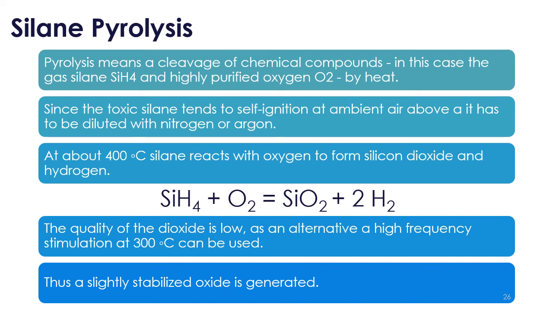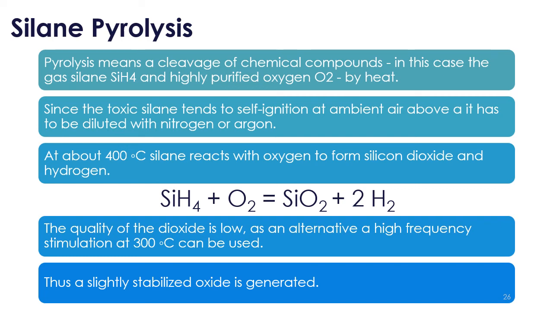In this case, the gas is silane, SiH4, and highly purified oxygen, O2. Since the toxic silane tends to self-ignite in ambient air when above a concentration of 3%, it has to be diluted with nitrogen or argon to below 2%.